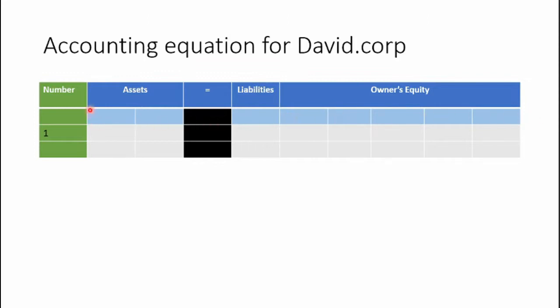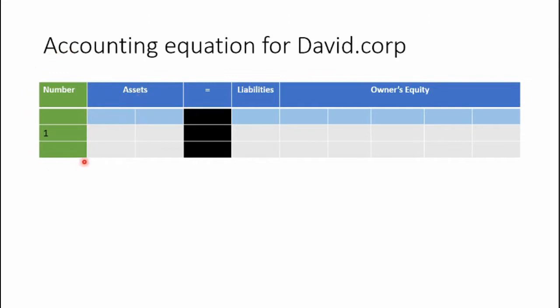So every time there is a new account, for each case, we will write the account name following the specific classification for each column. So let's say cash is an asset, so it will be put here in the asset column.